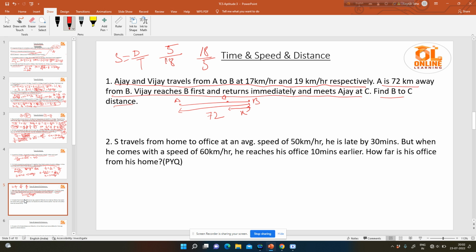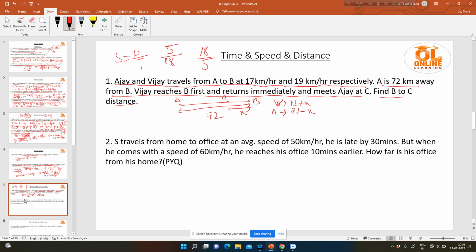So how much distance has Vijay covered when he reaches B first? That is 72 plus x, because he has gone there and again returned back. And how much distance has Ajay covered? Ajay covered 72 minus x distance, right? Both their times are the same, right? And what we have to find is the B to C distance, right?